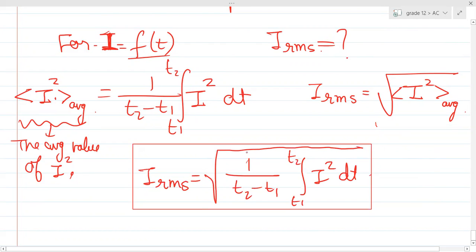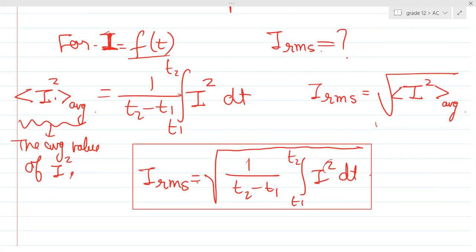Now you understood where exactly this root mean square comes from. Root mean square, so that's why it's named RMS.